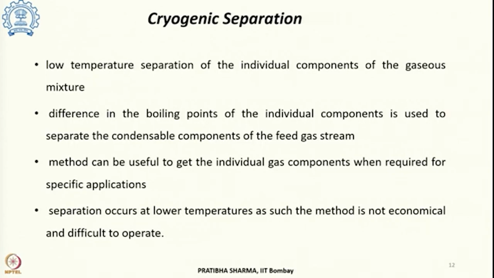This method can be useful when the process demands that individual components need to be separated and used. So, if the individual components themselves have a value and can be used for a particular process, then they can be separated using the cryogenic method. However, since the temperatures required for cryogenic separation are low, the method is not economical and it is difficult to operate.